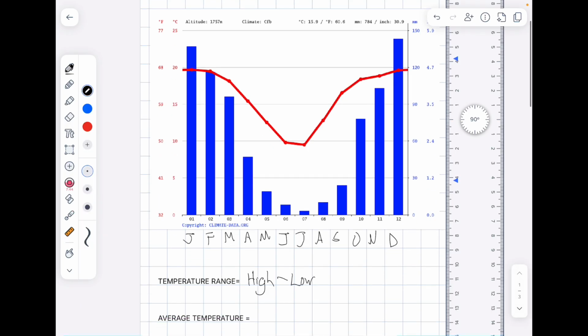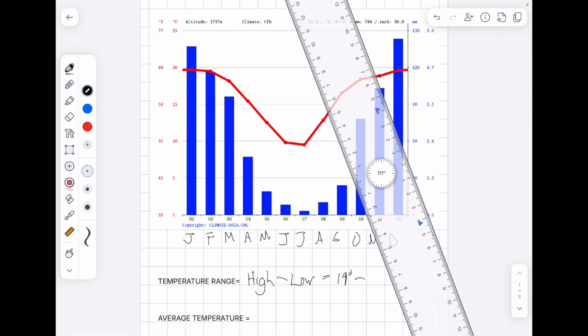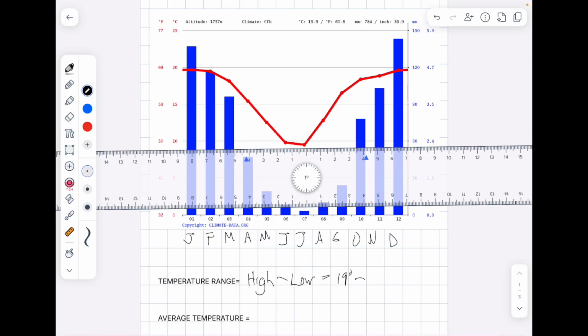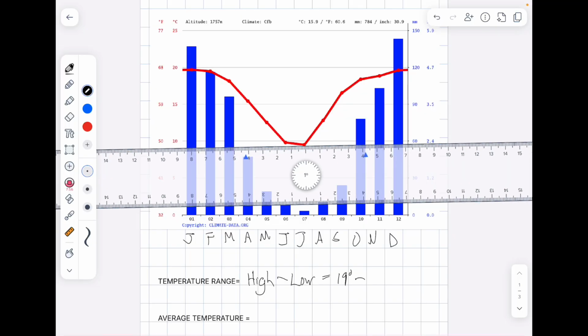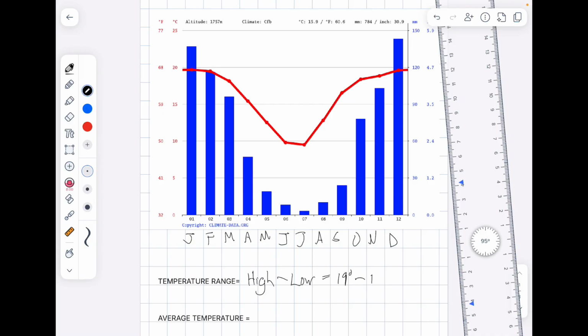So we say here, high minus low, which is the same as 19 degrees minus, what's our low? We take it to July, and we can see it's about 9 degrees. So then we write that in: 19 minus 9 degrees, which means our temperature range of Johannesburg is 10 degrees Celsius.